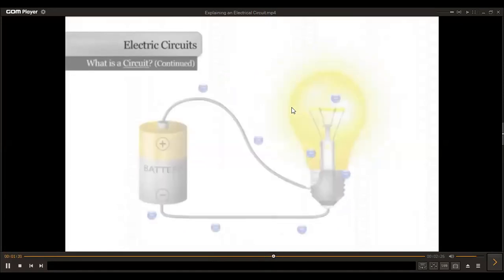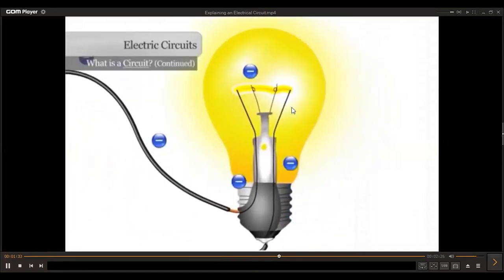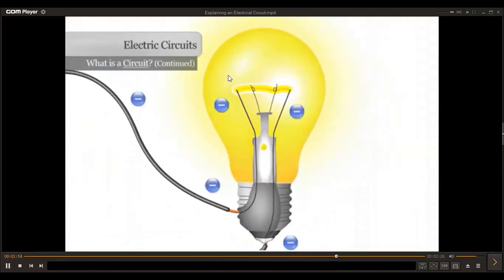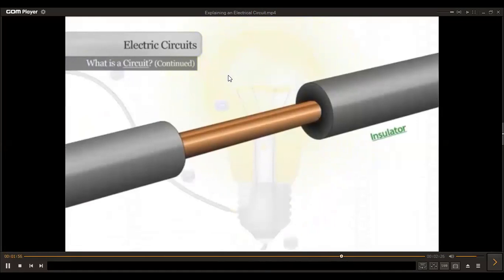Now look closely at the light bulb, and you'll notice that there is an insulator between the conductor that leads up to the filament and the conductor that leads away from the filament. Remember that the atoms of conductors easily accept and pass on electrons. The atoms of insulators do not. As we discussed in the first section of the lesson, electrons will not easily pass through insulating material that surrounds a wire.